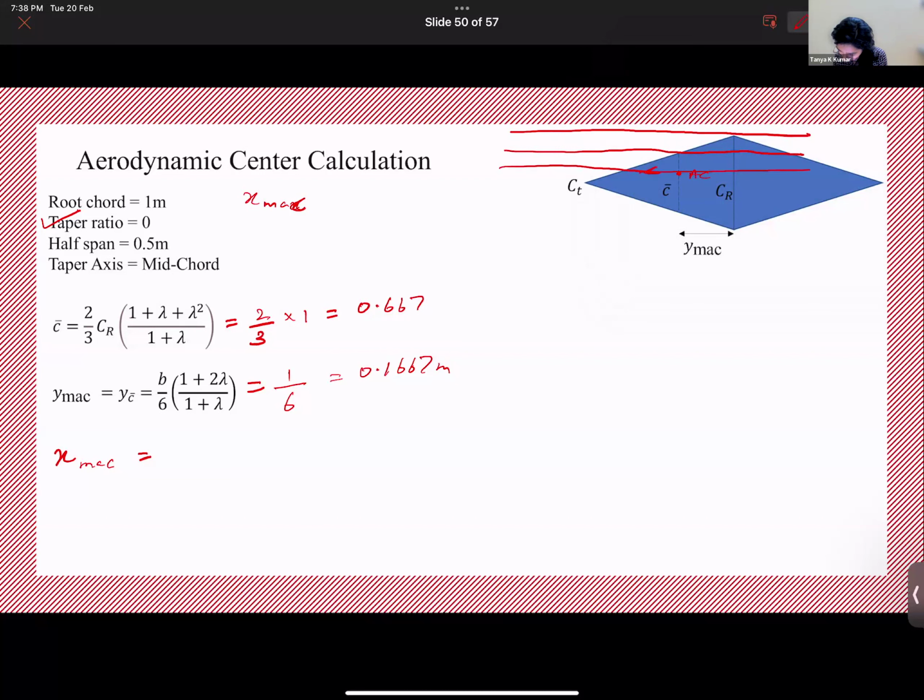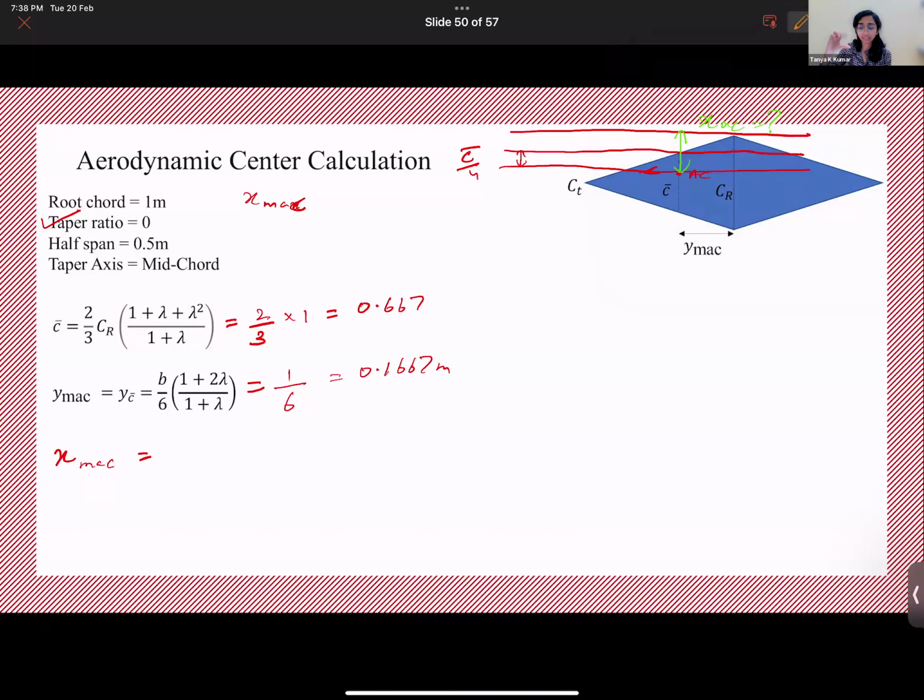This distance is C bar by 4. What we need to find out is this length in green, which is XAC. How do you find out XAC?